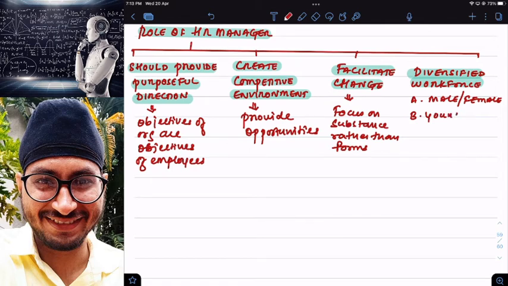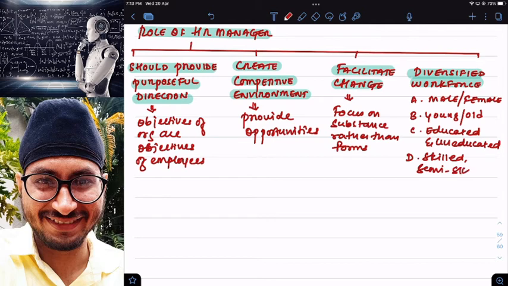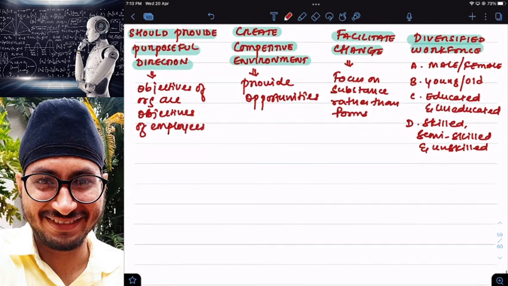Then educated and uneducated workers. Then skilled, semi-skilled and unskilled. These are all examples of a diversified workforce, with different cultures, different religions, different countries, people coming and working. That is called what? Diversified workforce.